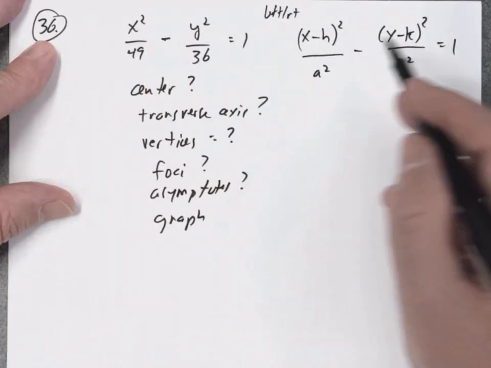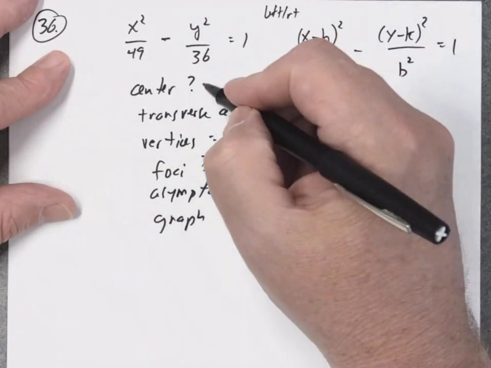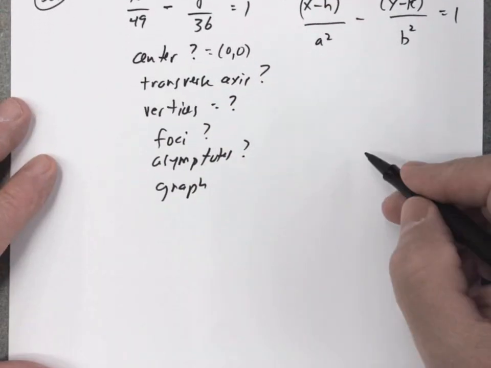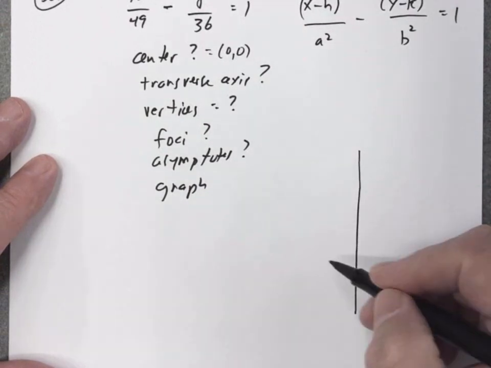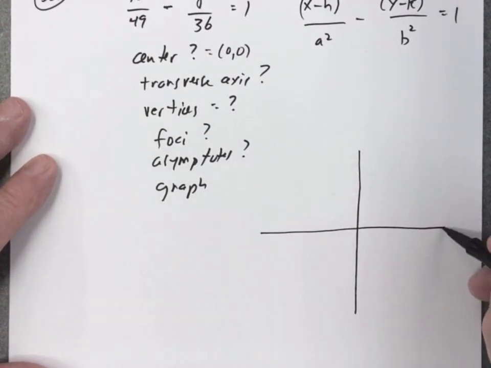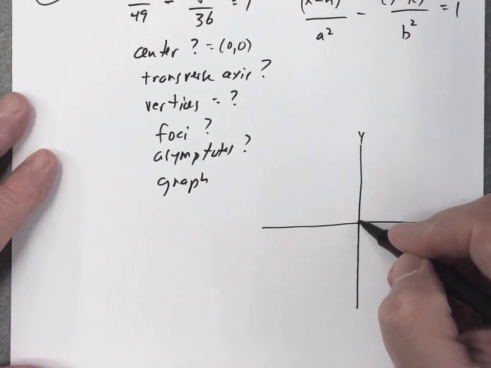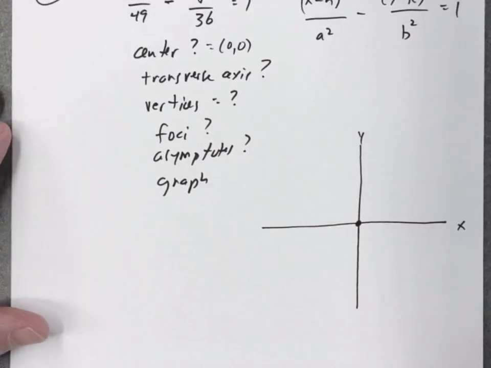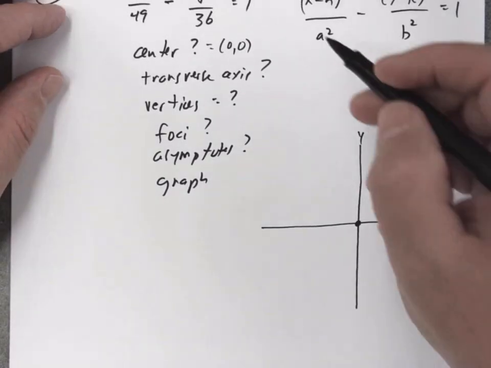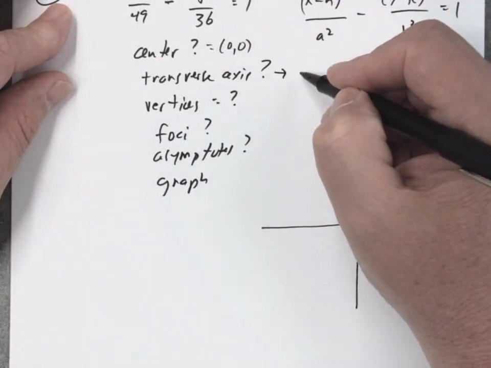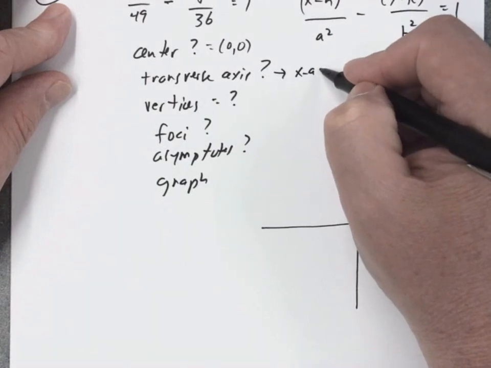Obviously the center looks like h and k are 0. So we're at the origin. We can start now trying to graph this. Since it's a left or right hyperbola, obviously the transverse axis is going to be parallel to the x-axis.